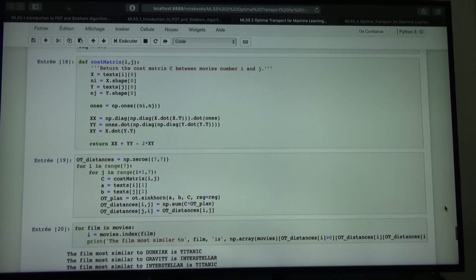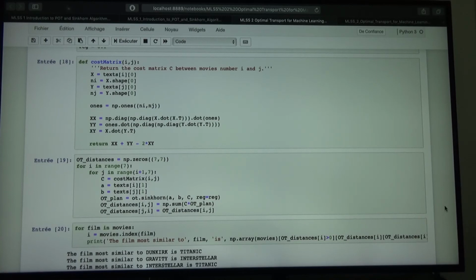And then we have to define the cost matrix between text i and j. So here I just coded a small function to do this. In x we get the points of text i, and y the points of text j. And now we're computing the squared Euclidean distance between the two.